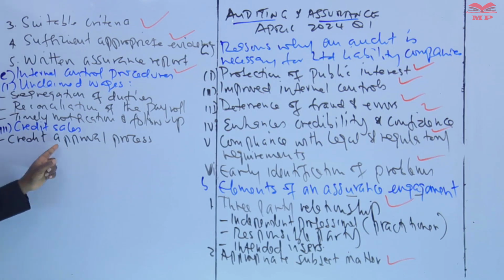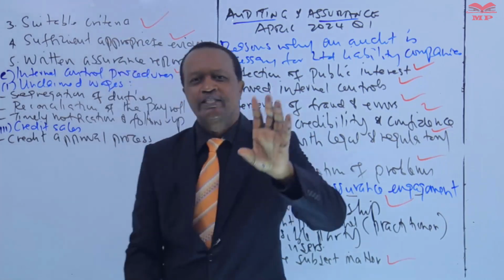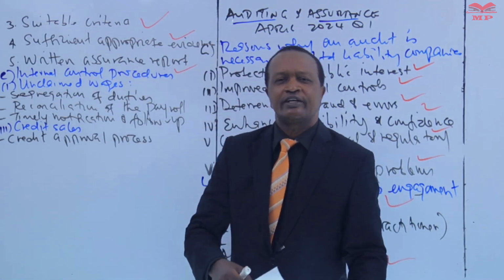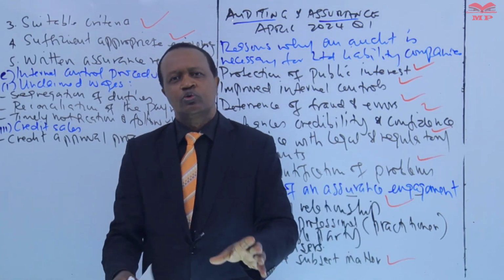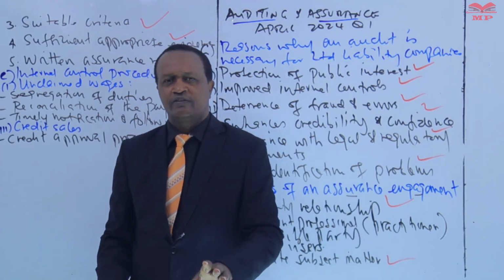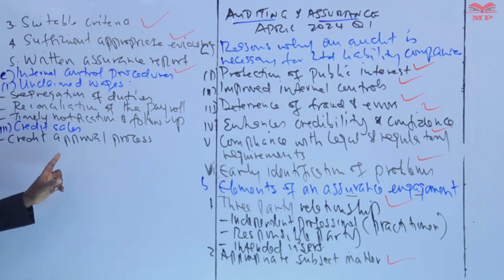And I'm building on Vincent's point that there has to be segregation of duties on authorization and recording. So he is right. The one who is approving should not be the one recording sales, because there could be room for fraud if that happens. So there has to be segregation of duties, but before segregation of duties, there has to be approval.